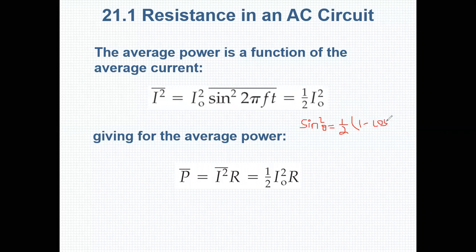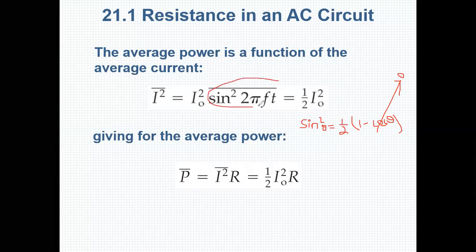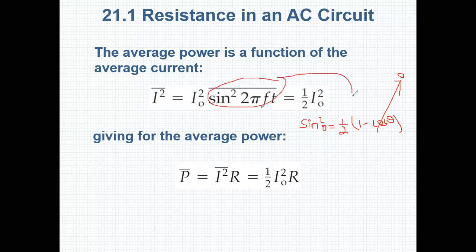If theta is 90 degrees, then this cos will be 0. So sine squared theta is equivalent to 1 by 2. This whole thing gives you 1 by 2.